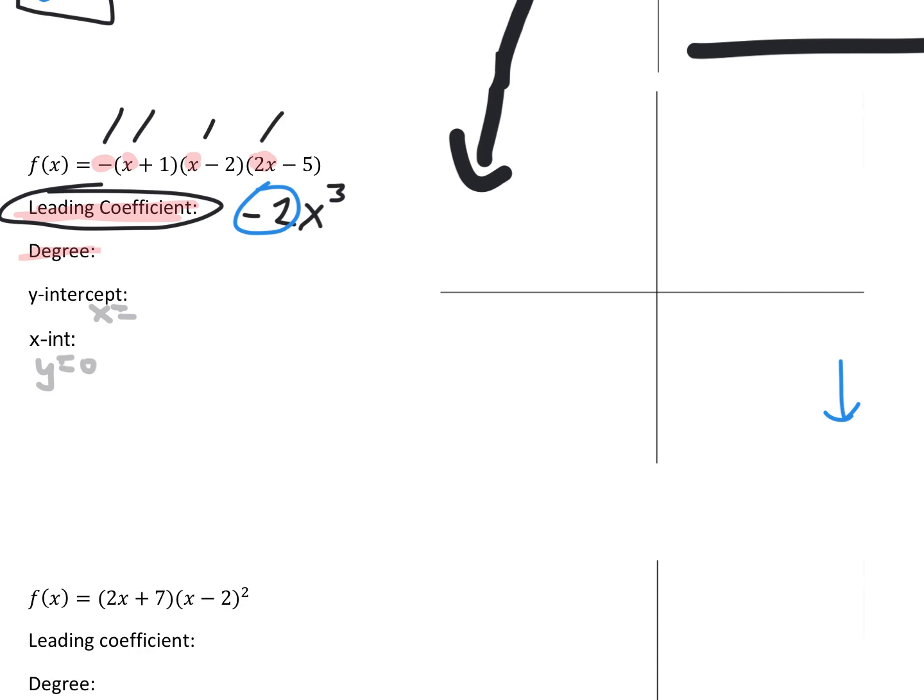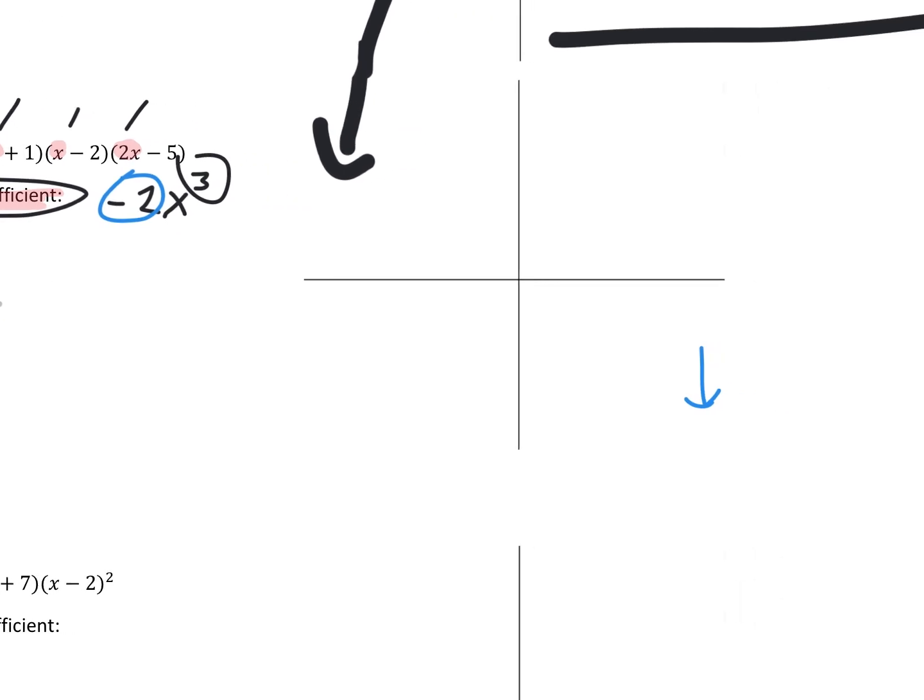Now it's row 6, last person, Greta. What degree is this? Third degree, and that tells us something. What does it tell us about the graph? That the right side goes down. We already knew the right side went down. The left side goes up. Yes, because the odd number here tells us that it needs to be different than the other side.